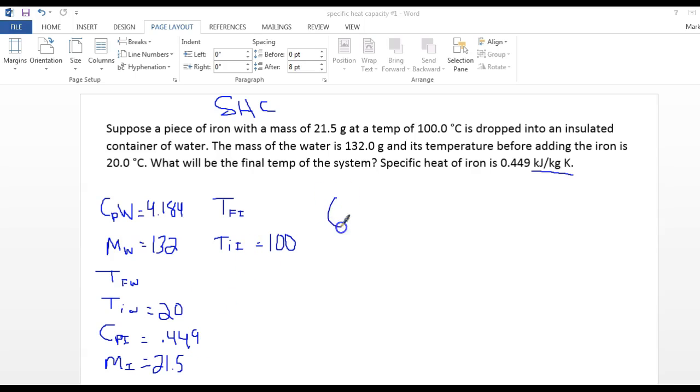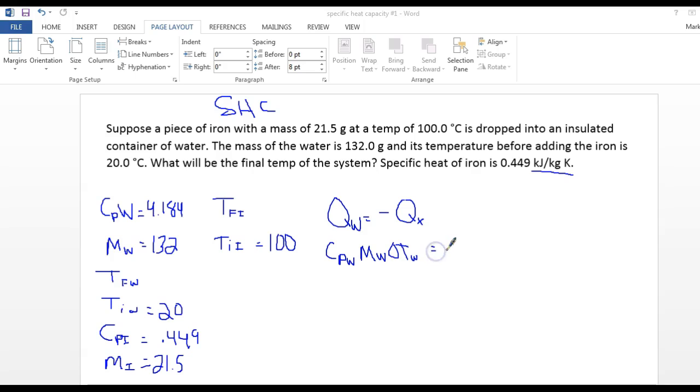So if you remember, we had Q of W equals the negative Q, the loss of energy, of X. X here is going to be the iron, and if we plug in what these are, it's the specific heat capacity of water times the mass of the water times the change in temperature of the water, which is final minus initial.